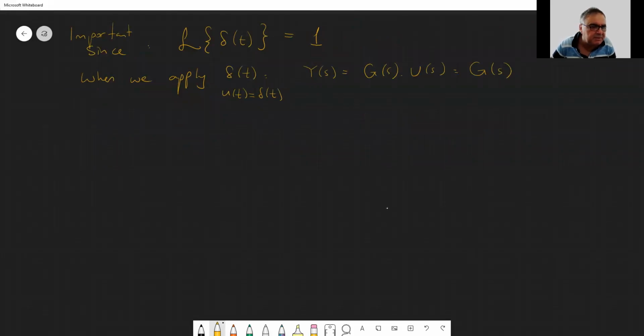The transfer function g of s, as we know, is made up of s minus z1, s minus z2, a general transfer function, up to s minus zm, divided by s minus p1, s minus p2, up to s minus pn.